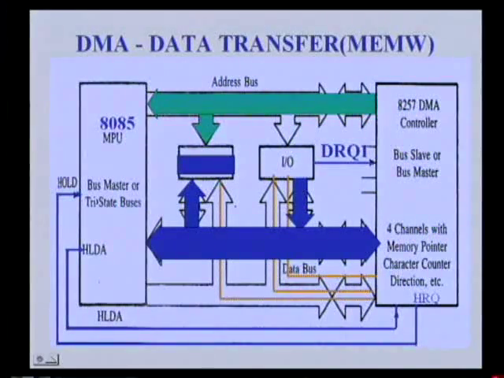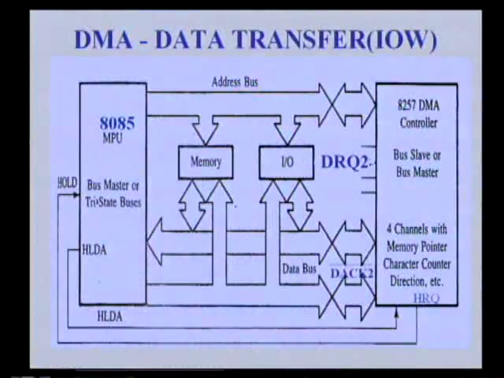Next, let us see the case where memory wants to send data to the floppy disk. In this case, when the floppy disk is ready, it requests DMA. Now the request is made through channel 2, you observe it through the DRQ2 pin. In response to that, 8257 activates the hold request signal.